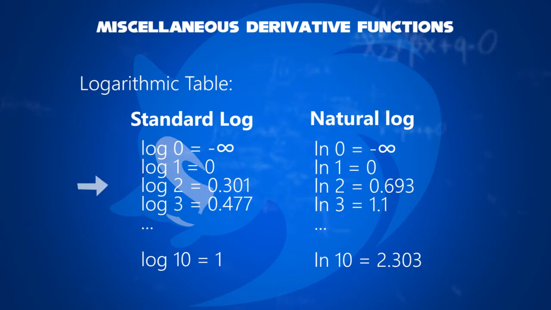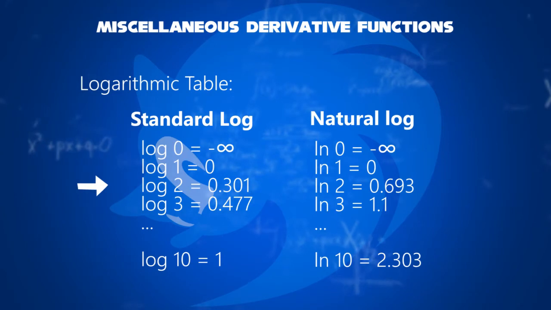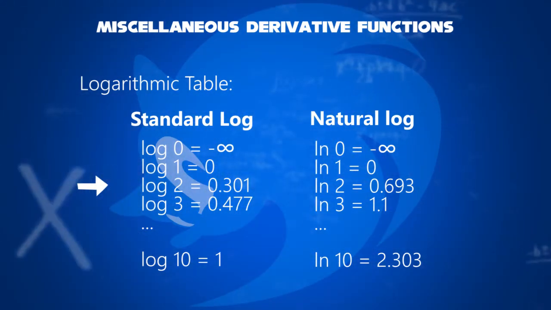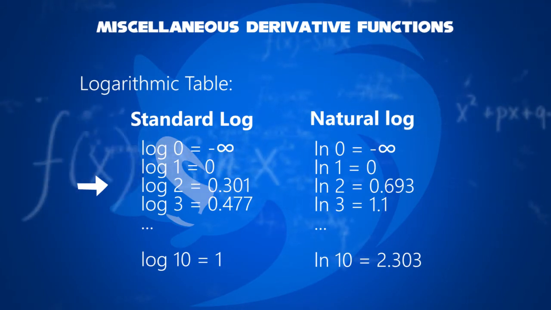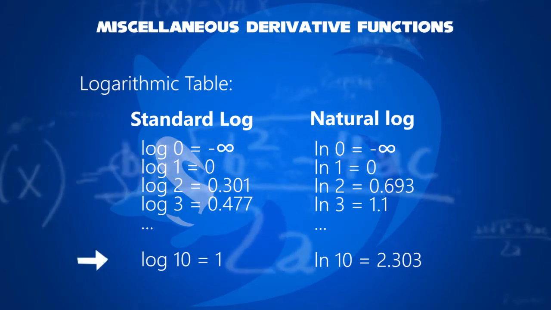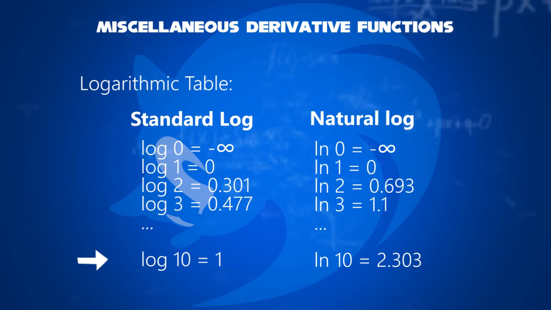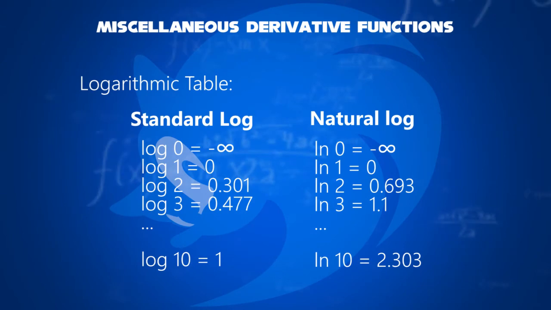Now for x equals 2, the two values come out differently. Standard log of 2 is 0.301, and natural log of 2 is 0.693. The natural log is much greater than the standard log. If x equals 10, as a reference mark, standard log of 10 is 1, and natural log of 10 is 2.303. That's how we compared and contrasted them.